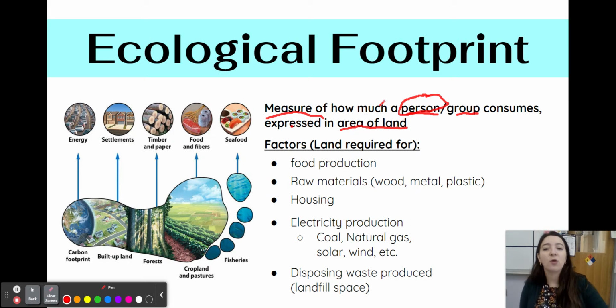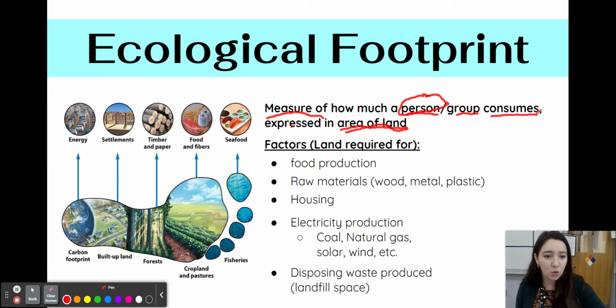Different countries have different ecological footprints, just like different individuals do.